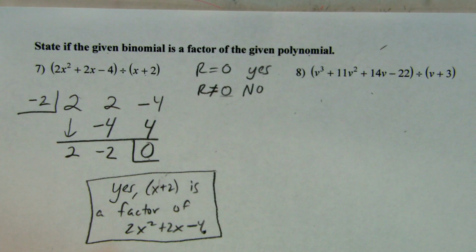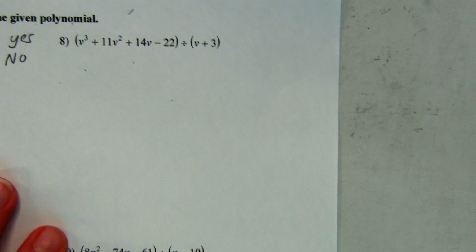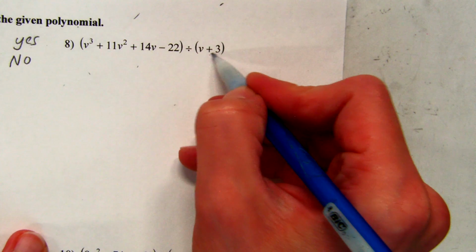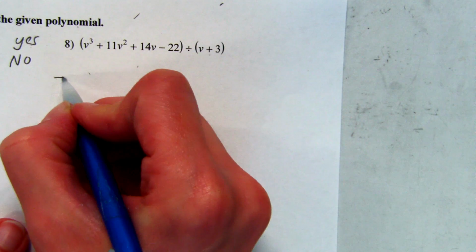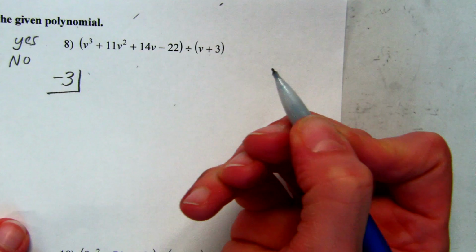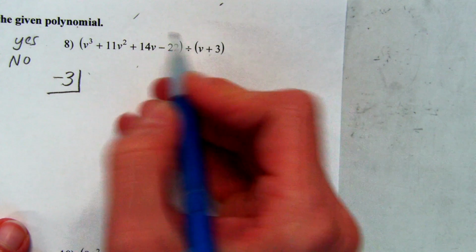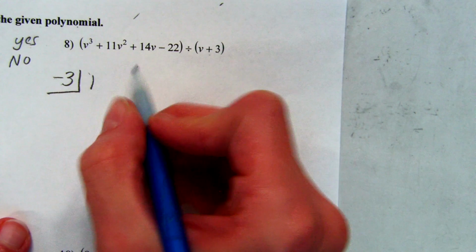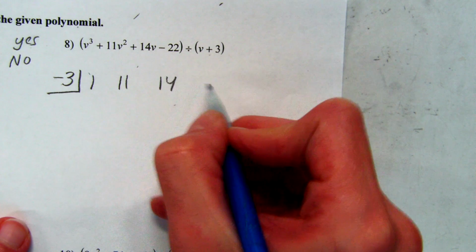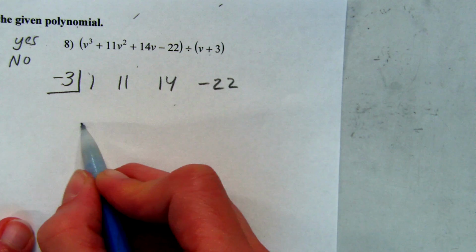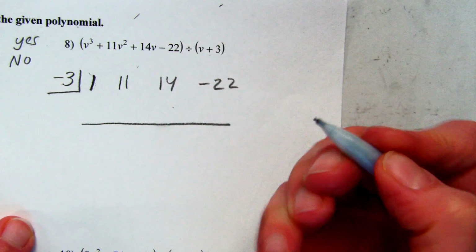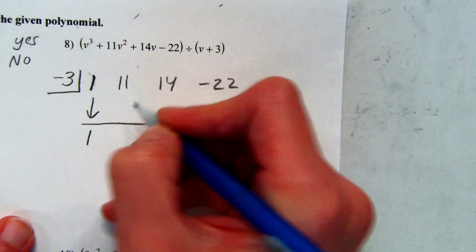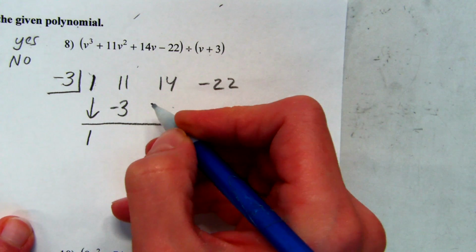Okay? Moving on to number 8. We have plus 3 over here in the divisor, so we're going to use the opposite, which is minus 3. Nothing missing here, so we can just take the coefficients. So we have 1, 11, 14, and negative 22. So bring down the 1. 1 times negative 3 is negative 3.